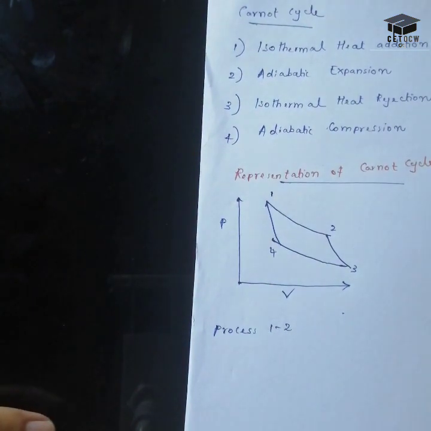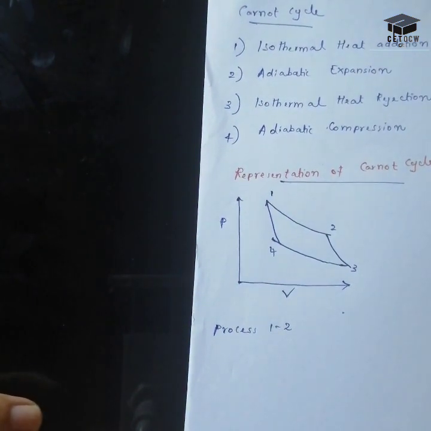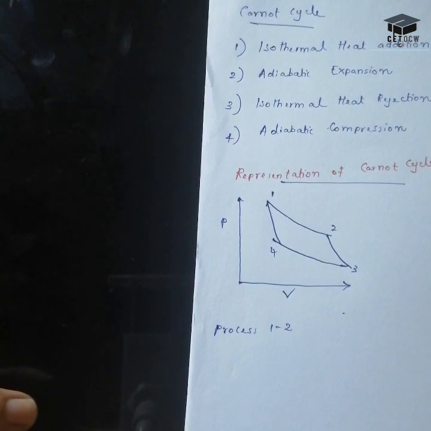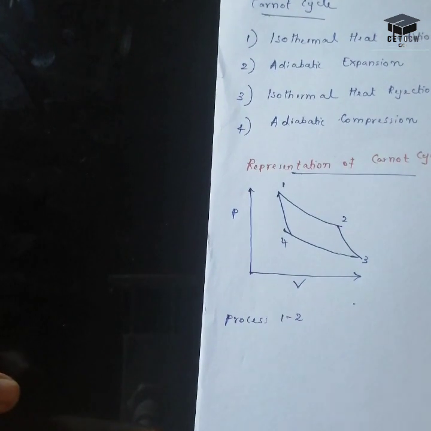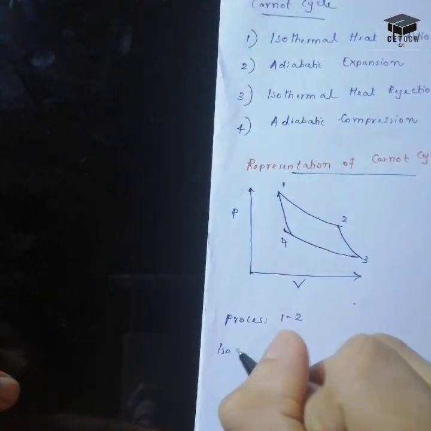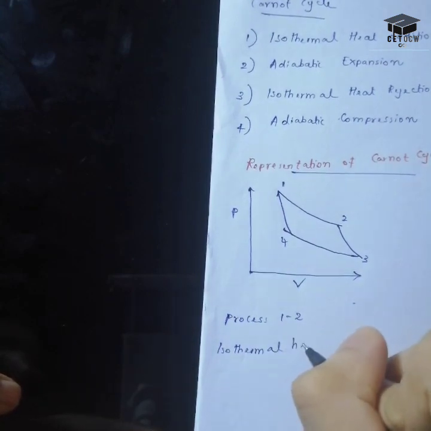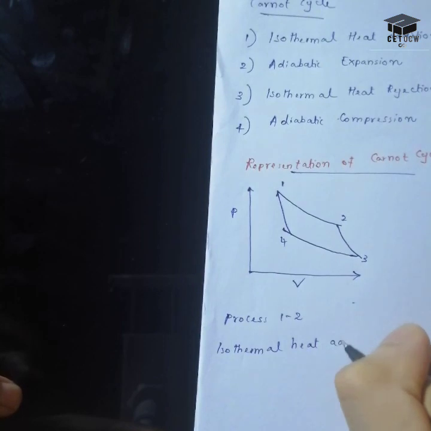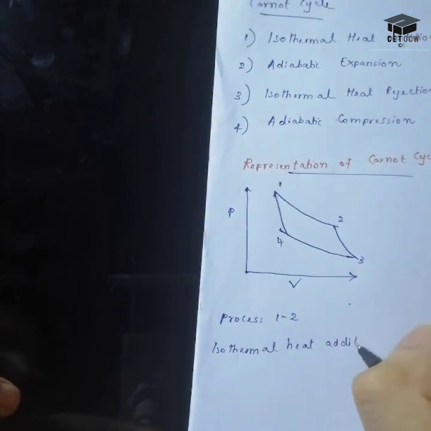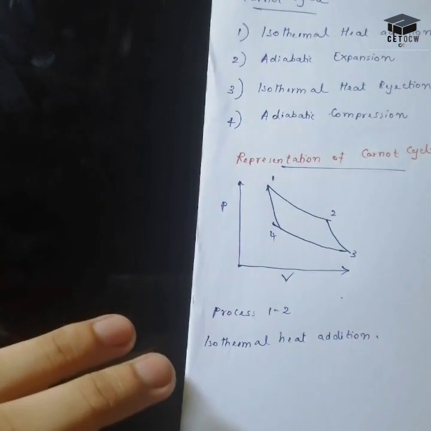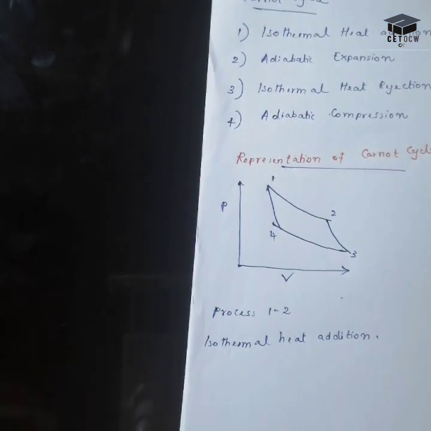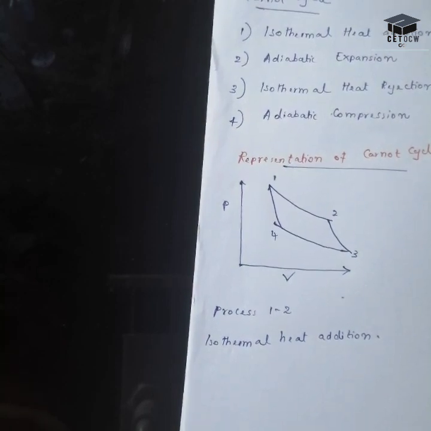Process 1 to 2 is the isothermal heat addition, where the piston moves from volume V1 to volume V2, and here the temperature remains constant.